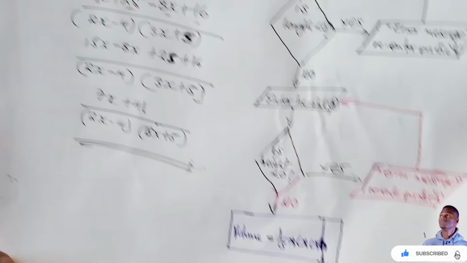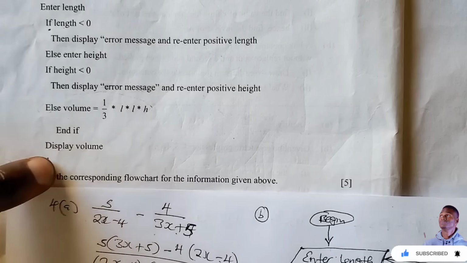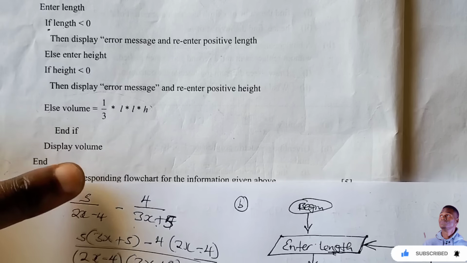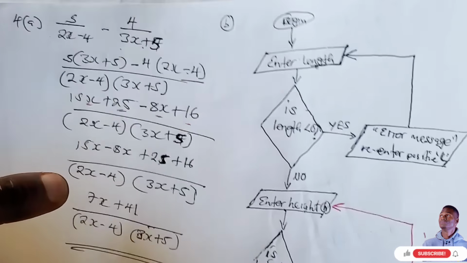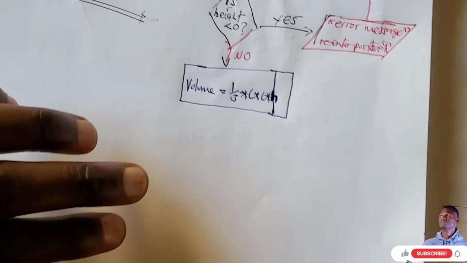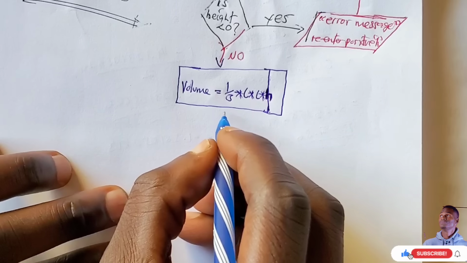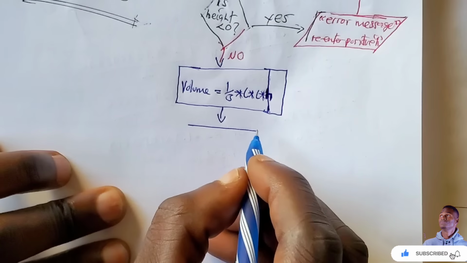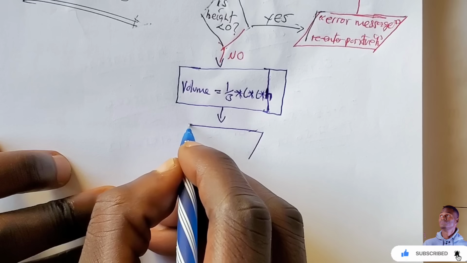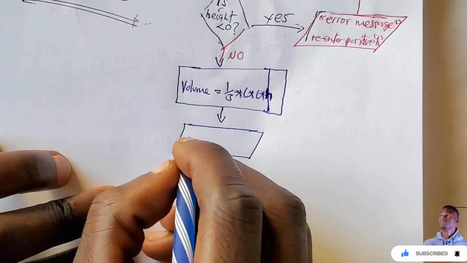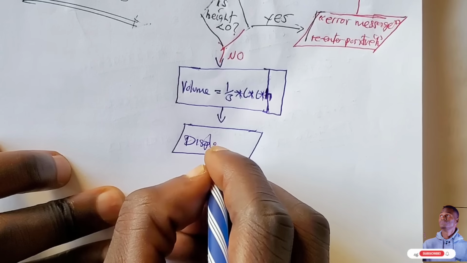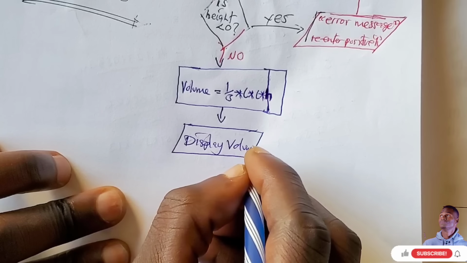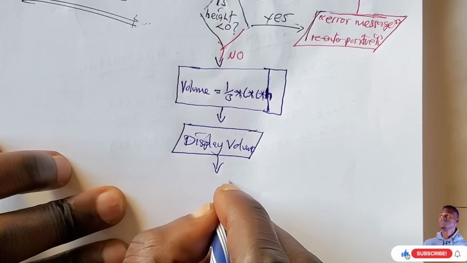Then they'll say, and display volume. So check display volume here. It will be a parallelogram like this, and you're going to write display volume.